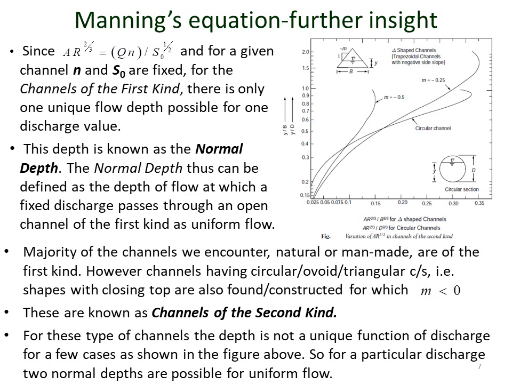These are the channel shapes with closing top, and for these channels normally this m is less than 0. So m has a negative value. So this type of channels are known as the channels of second kind.